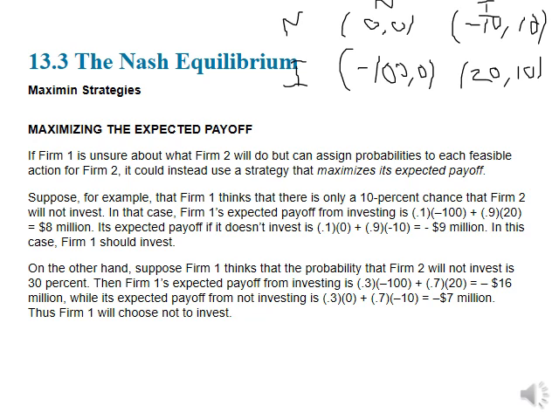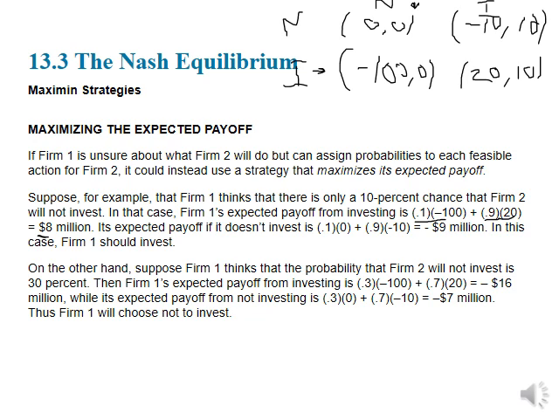So let's go through that expected value calculation. If we think there's only a 10% chance that firm 2 does not invest, which would put them in this column right here, then what is our expected payoff from investing? Well, there's a 10% chance that we lose $100 million and a 90% chance that we gain 20 million, which is an expected value of 8 million.